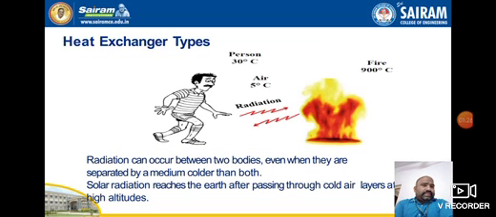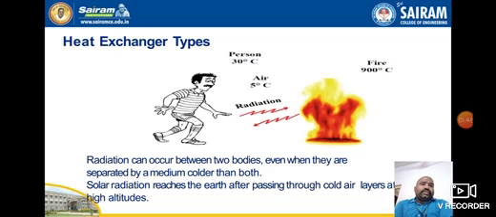Here you can see the person has a 30 degree centigrade body temperature, the air is at 5 degree centigrade, and the fire is 900 degree centigrade. When the fire is at a higher temperature, due to electromagnetic waves, the body receives the heat. Heat transfers from high to low.